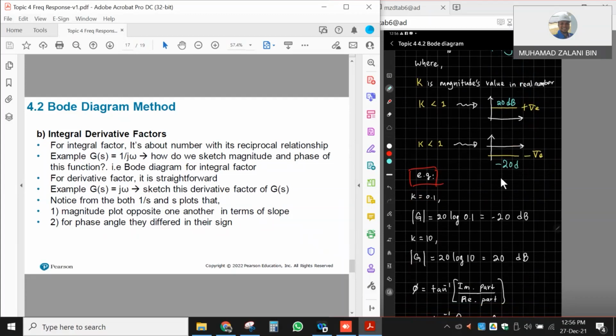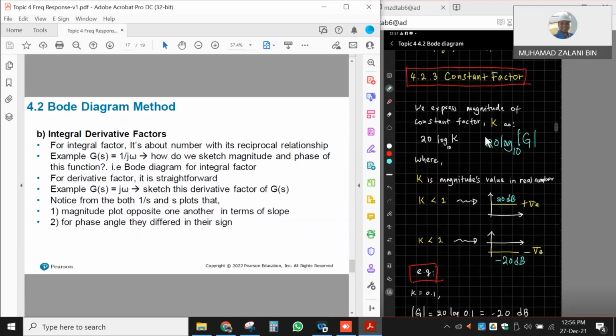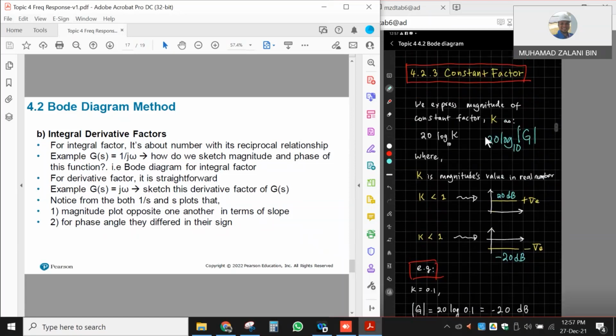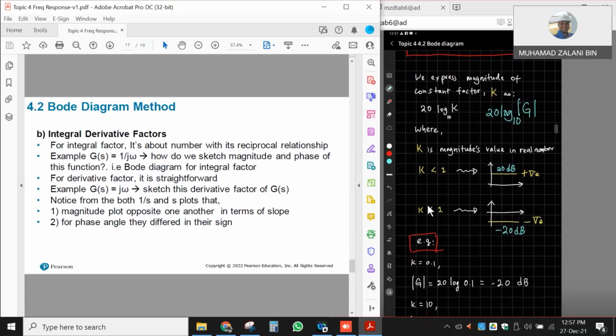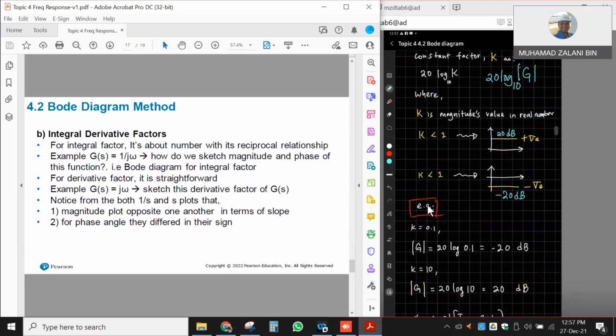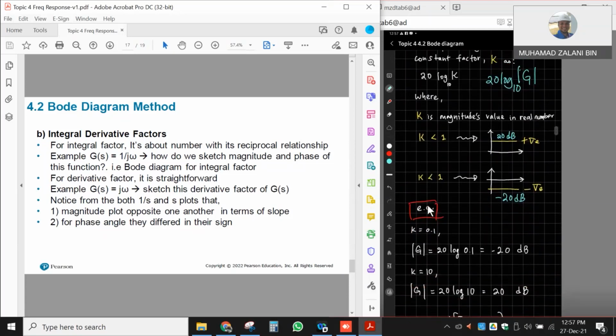For example, this case should be negative 20 decibel. That is the thing when we want to plot the constant factor, it is just straightforward. It depends on the magnitude value in real number. Sorry, this is not k smaller than 1.